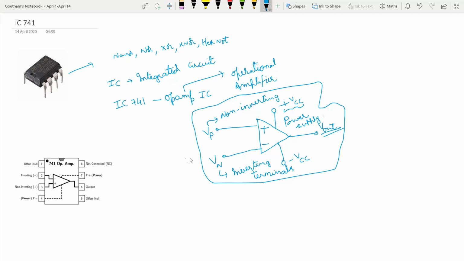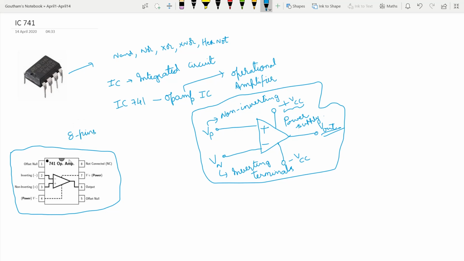This is where we see the pin diagram of IC741. Like I said, these basic pins will be there and some extra pins would be there too. IC741 has 8 pins.